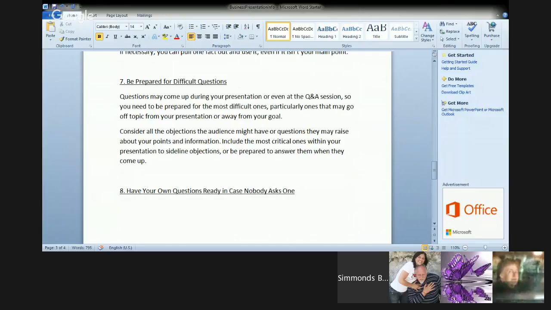Consider all the objections the audience might have, questions that they may raise about your points and information. Include the most critical ones within your presentation to sideline objections, or be prepared to answer them when they come up.